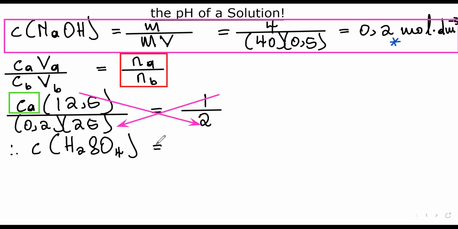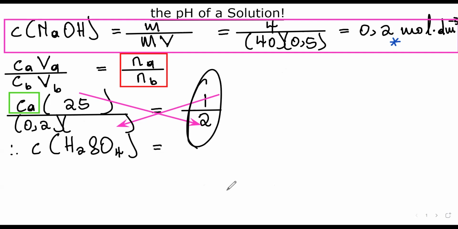It seems like I made a little bit of a mistake here. Did I? Let's see. Oh, this 12.5 is actually the volume of the base, and the 25 is the volume of the acid. Sorry about that. Because I was getting things that are equal to each other, which is not always wrong though, but for this case, it was a little bit suspicious considering the mole ratio.